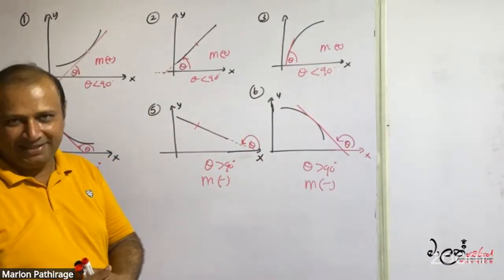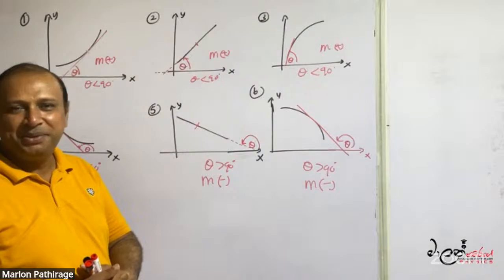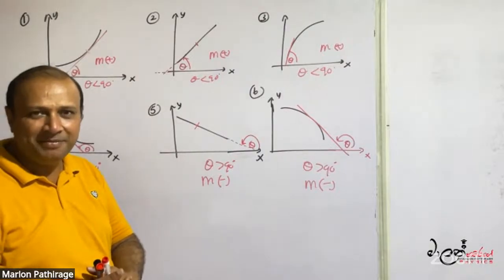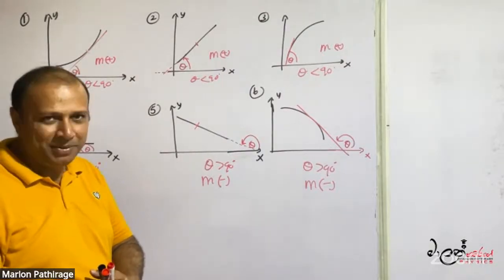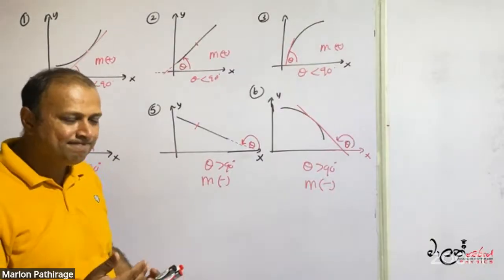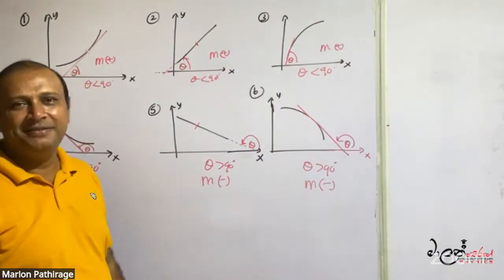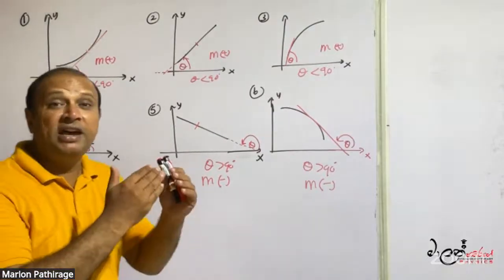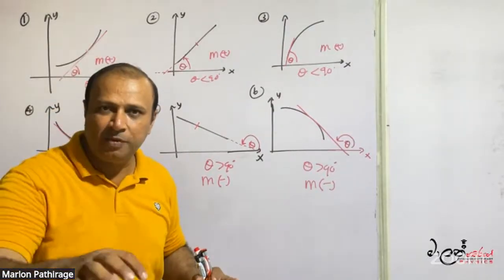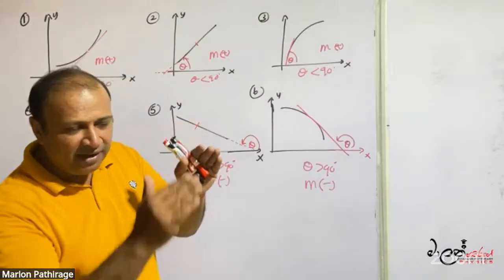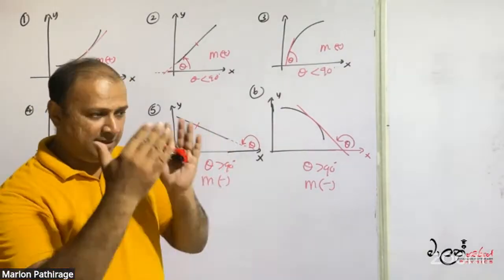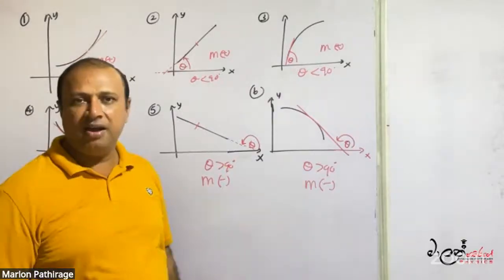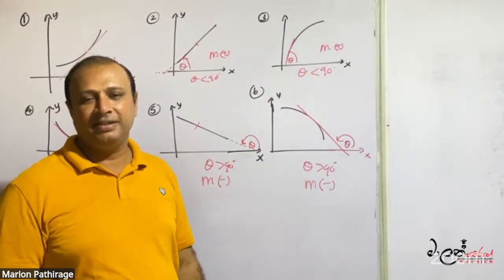That is very easy. No need to draw the tangent and determine whether the angle is acute or obtuse. You can determine whether the graph is increasing or decreasing. If the graph is increasing, gradient is positive. If the graph is decreasing, the gradient of that portion is negative.